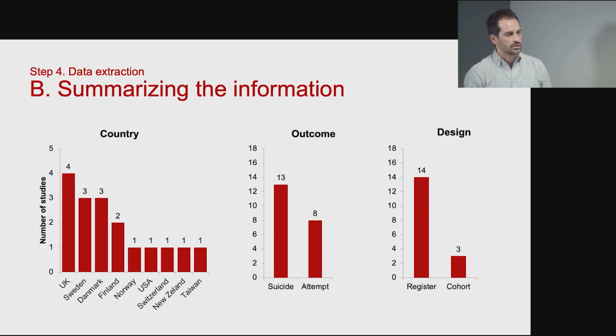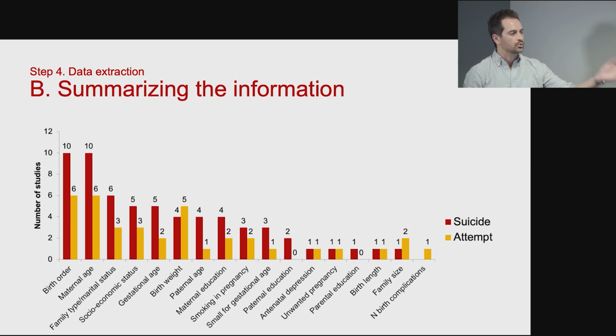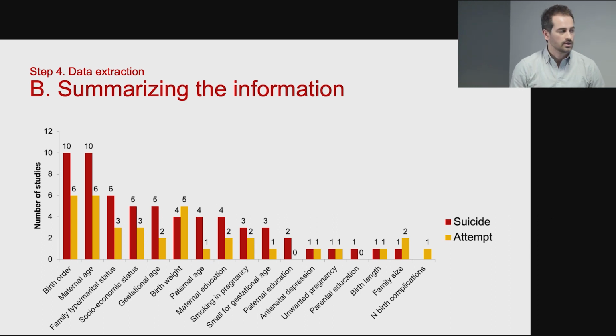Most studies used a register design, others a cohort design, etc. Very intuitively, you can see which are the factors that are the most investigated. For example, birth order was investigated more frequently than, for example, birth length. This is just a way to present information. We did not present this plot in the paper; I used it in a conference, for example, when I presented the study.